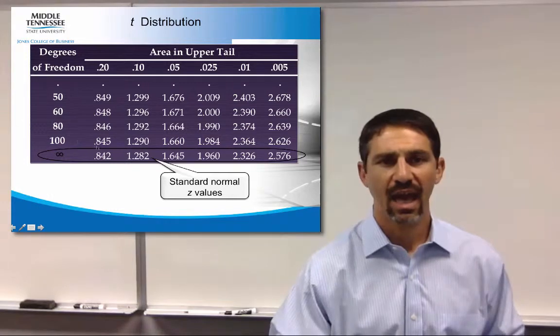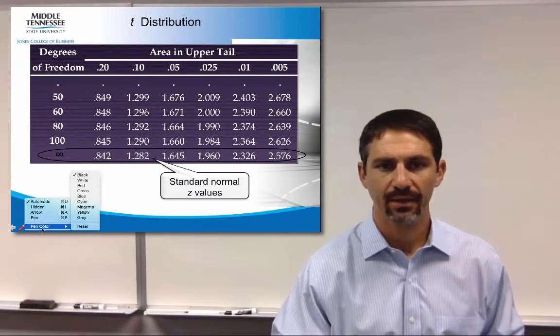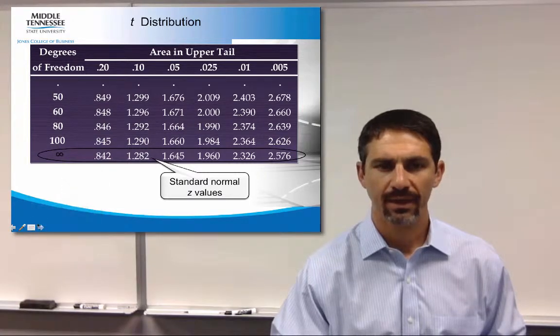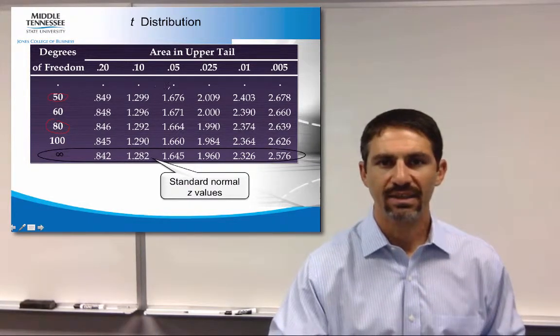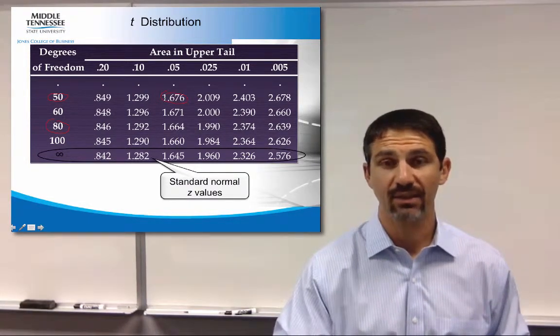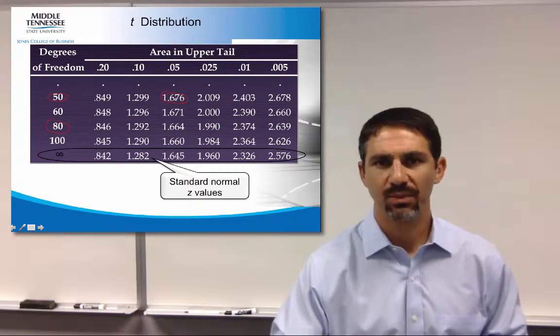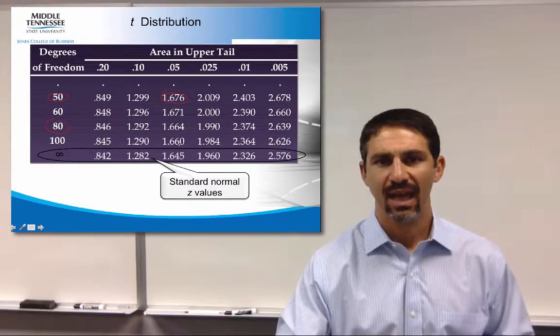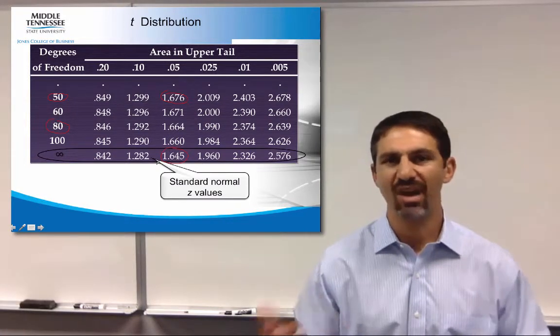You can see I've got degrees of freedom of 80, of 50, and you can see what the t-score that relates to it is. I'll show you what it means by upper tail in a second. It's 1.676, and the one for a z-score would be 1.645. So it's not far off.